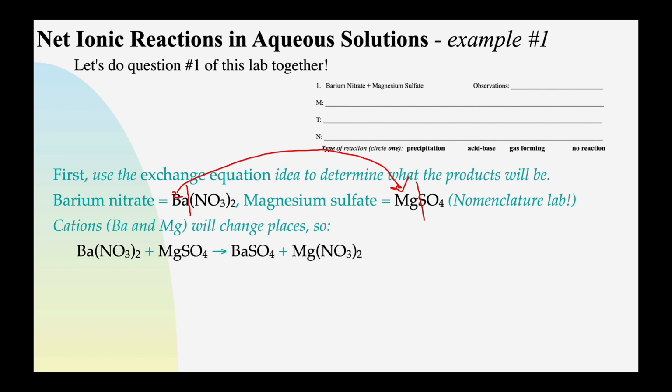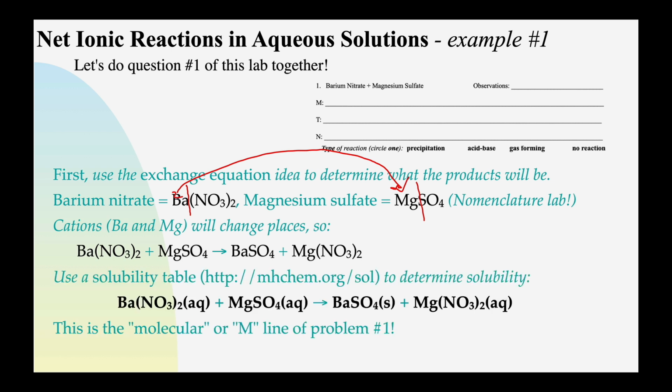So because barium here is dancing with sulfate, we know that barium sulfate here is going to be insoluble. So when you look this up from the solubility table, either in the lab or mhchem.org/SOL or whatever, you'll see that MgSO4 is aqueous along with the 2 nitrates, but BaSO4 is a precipitate. It is insoluble, so we'll put an S next to it.